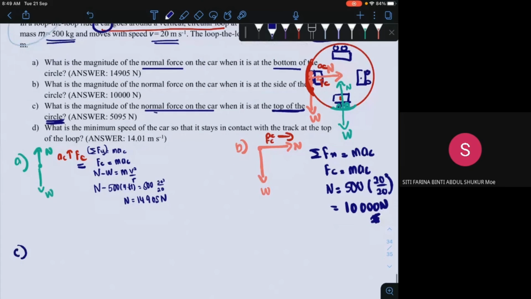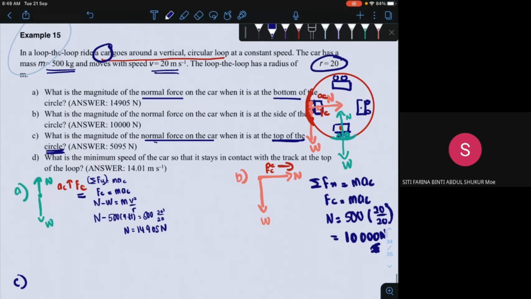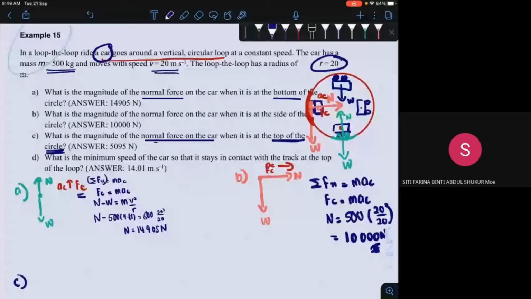So when you are at the top here, okay, awak akan ada weight macam biasa, W ke bawah. Sekarang, this is the tire here and this is your track. The track is going to exert a normal force perpendicular to that. So, dia akan ke bawah juga.